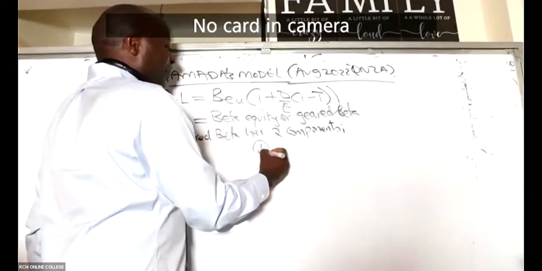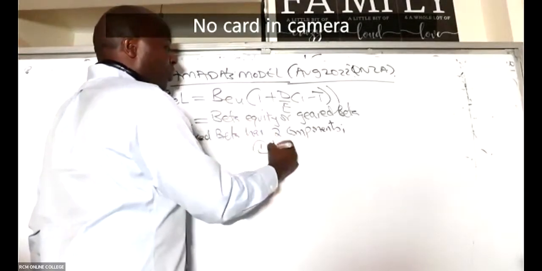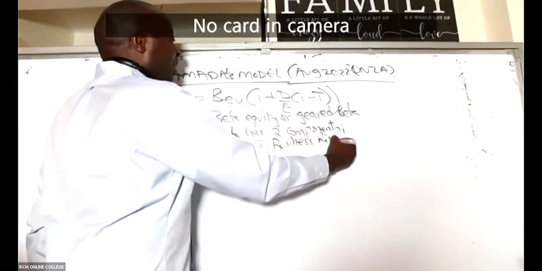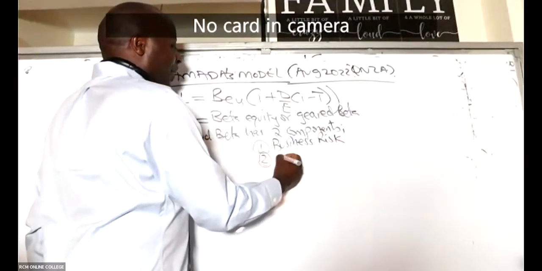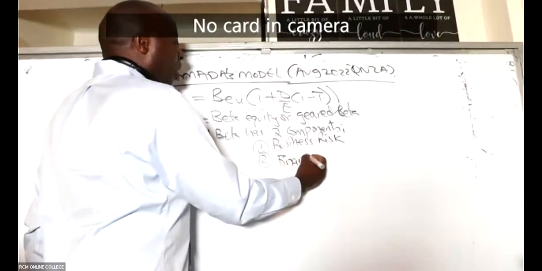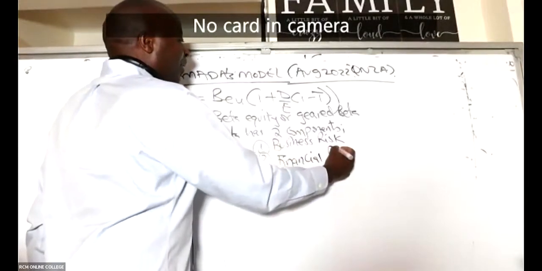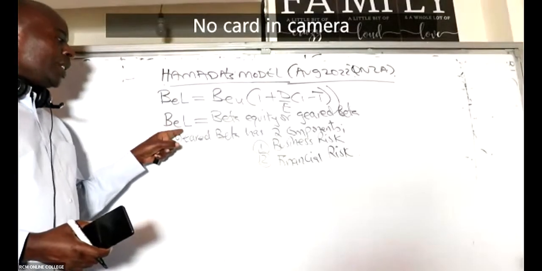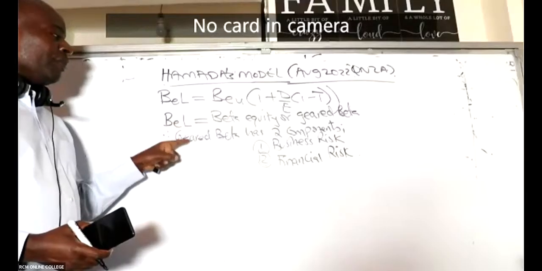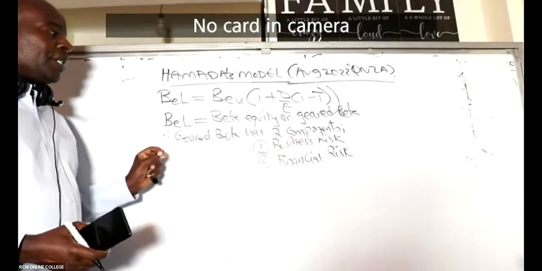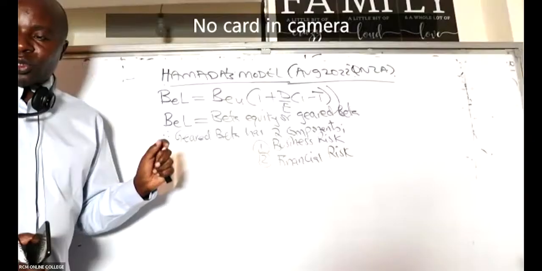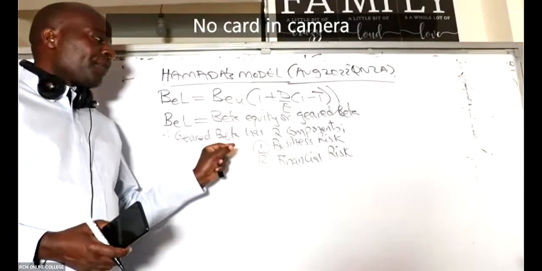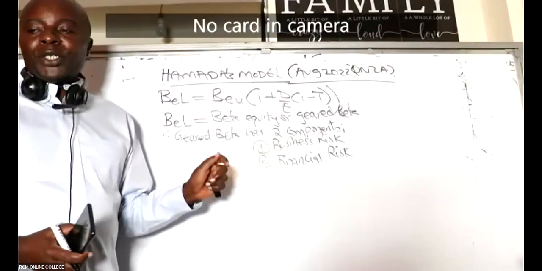Two of them. Number 1, we have what we call business risk. And then number 2, we have the financial risk. So anytime we talk about geared beta or beta equity levered, we are supposed to know that it has two components: number 1, business risk, and number 2, financial risk.